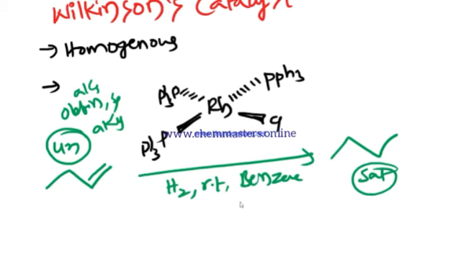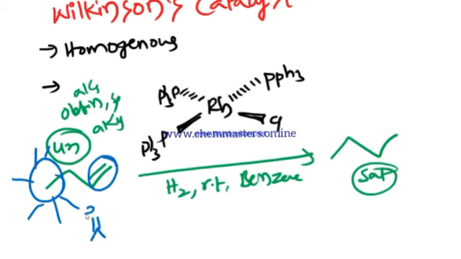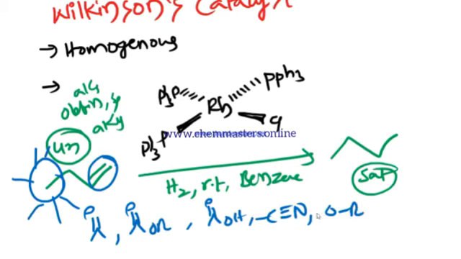Here Wilkinson's catalyst has great importance because it can tolerate many functional groups on the substrate. The substrate may not contain only simple unsaturation, that is an alkene or alkyne functional group. It may contain many functional groups, like keto, ester, carboxylic acid, nitrile, or ether functional groups.